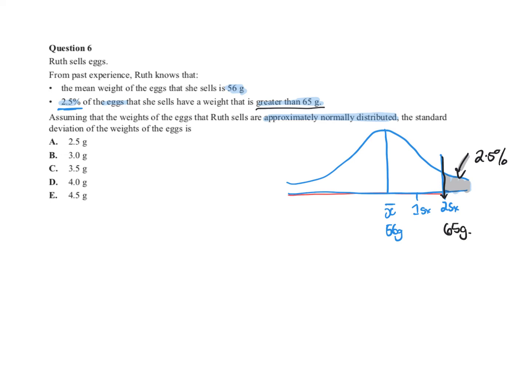Then the question asks for the standard deviation of this data. If the distance between here and here is 2 standard deviations, all you have to do is go 65 minus 56, divided by 2, which will equal 1 standard deviation, which will equal 4.5. Okay, so there we go.